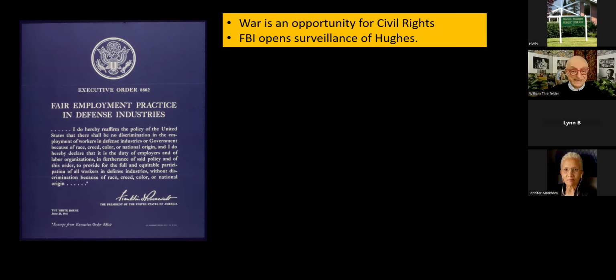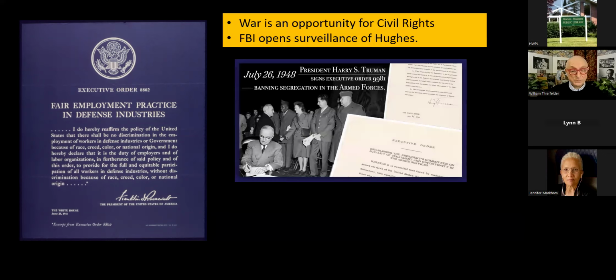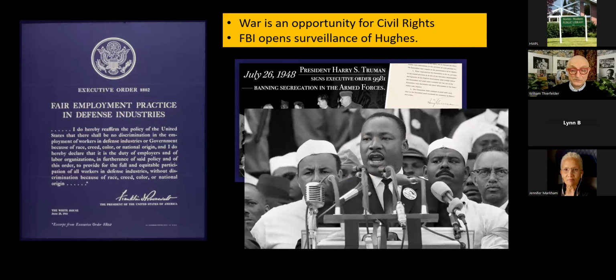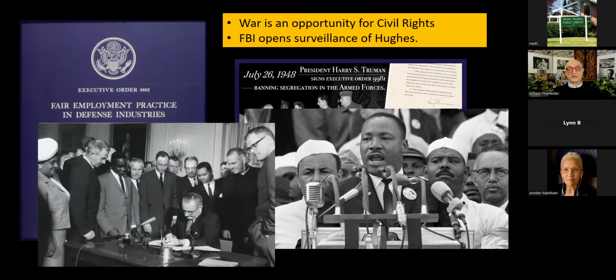Well, needless to say, it wasn't until Harry Truman's Executive Order 9981 in 1948 that the American military was desegregated. And then, of course, there was also the 1963 March on Washington and the Civil Rights Bills of 1964 and 1965.